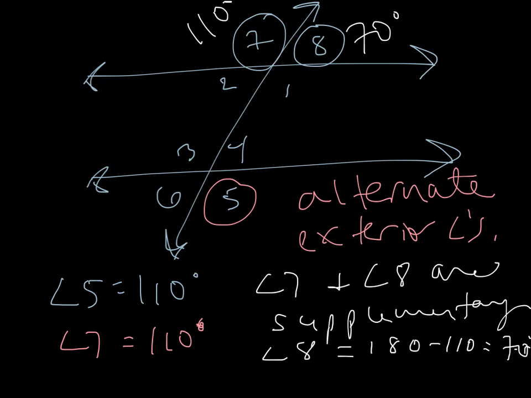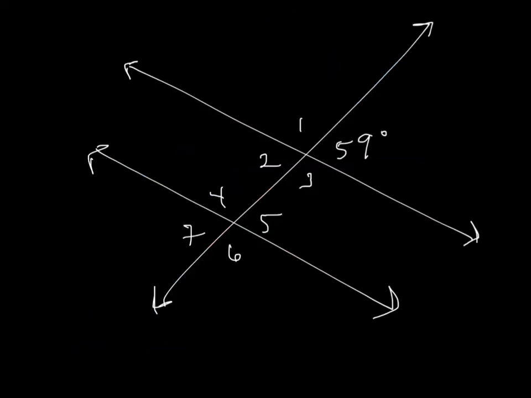Now you are going to try one on your own. Okay, so use the figure here to find the measures of the numbered angles, all right? So we have our two parallel lines and then our transversal cutting across. So this is a 3. So you have this one angle measurement of 59 degrees, and now find the rest.